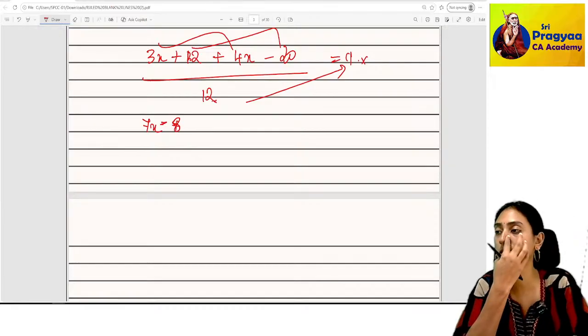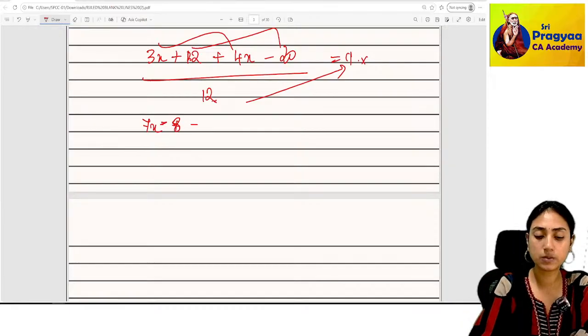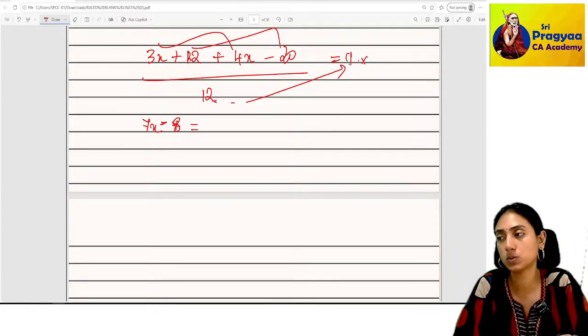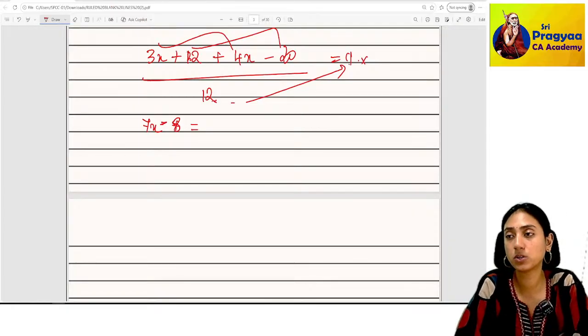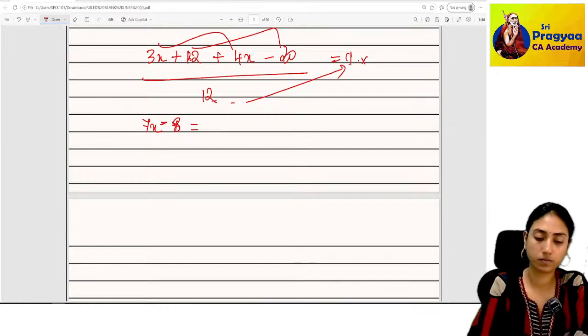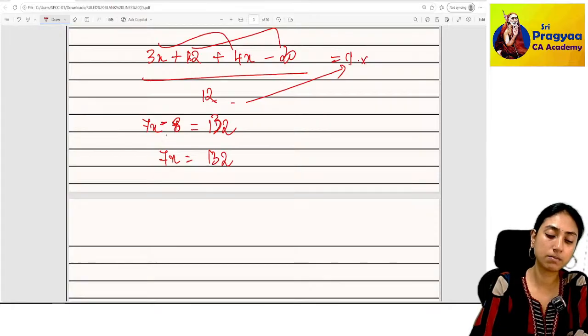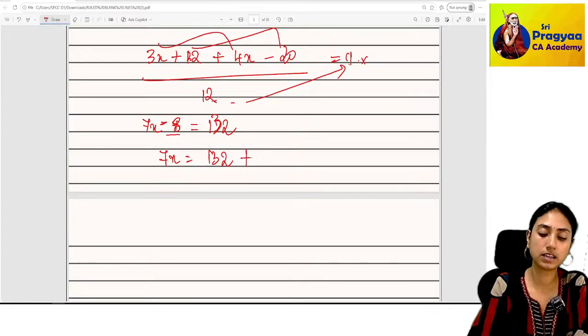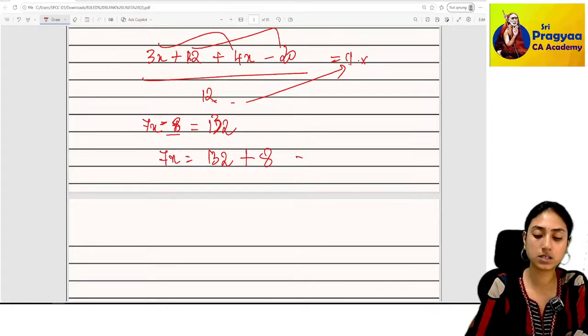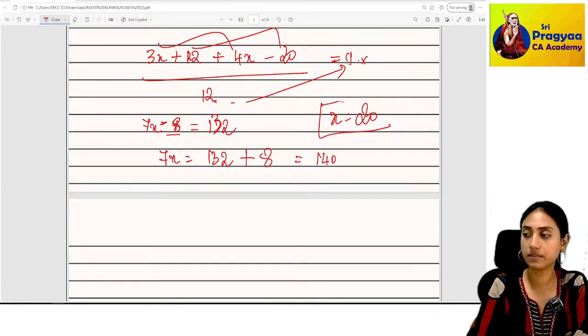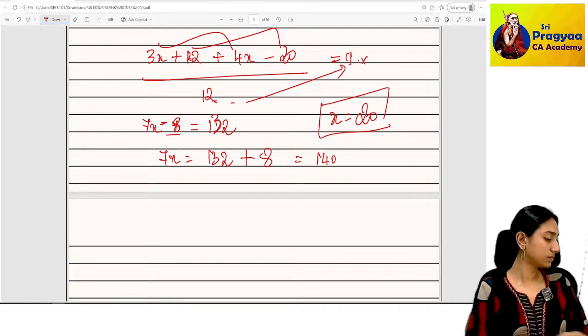So 7x minus 8 is equal to 11 into 12. What is this? 11 into 12 is 132. So when I take minus 8 to the RHS, it becomes plus 8, which gives 140. So 7x is equal to 140, and x is equal to 20. Got it?